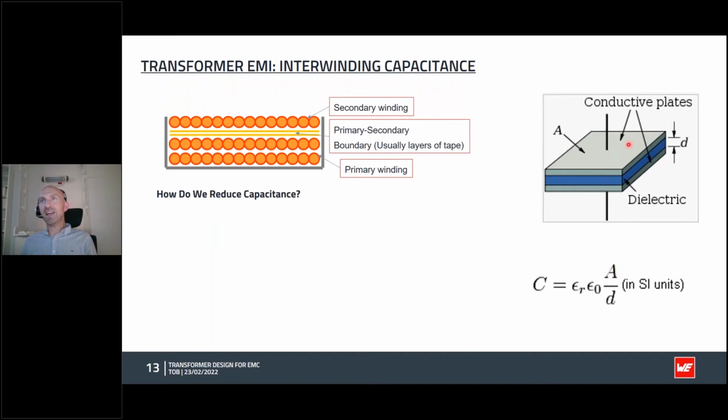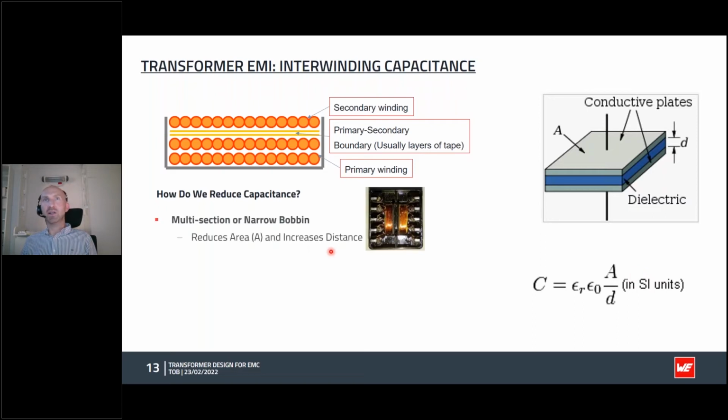Then we have the area of the plates, so essentially this distance here by this distance here. Increasing the area increases capacitance, and reducing it reduces it. And then finally we have this third parameter, the distance between the two plates. So these are the parameters we can play with to reduce our capacitance.